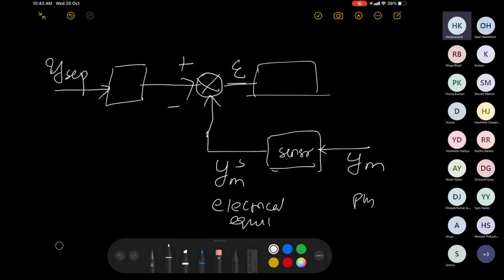So let's say your transfer function here is just a scaling factor Km, or whatever, Km by tau s plus 1. So you would do the same scaling to your set point. So this may be 90 degrees C, and you are getting 8 milliamps here, and your set point is 100 degrees C, and you are getting, let's say, 10 milliamps here.